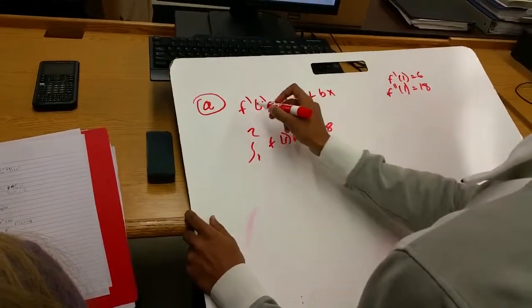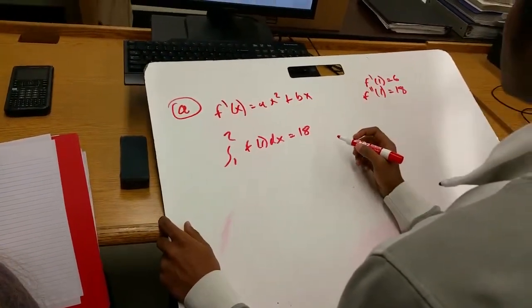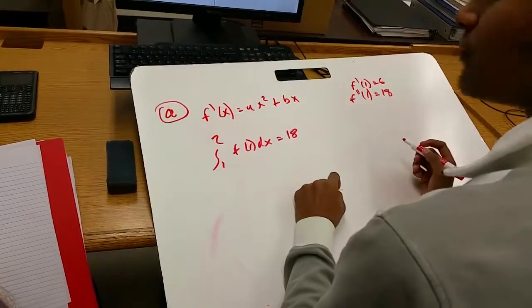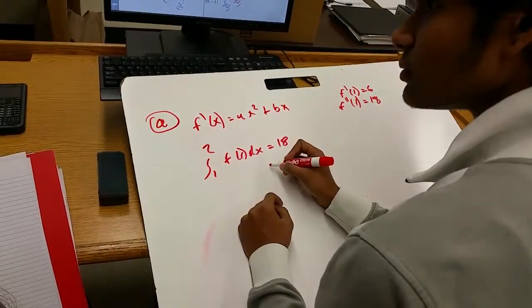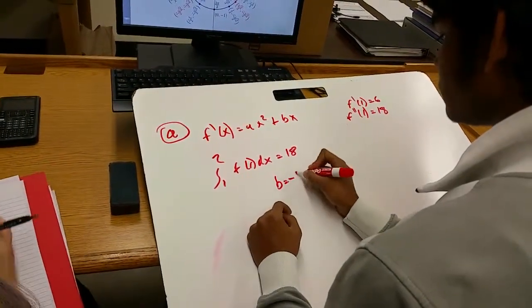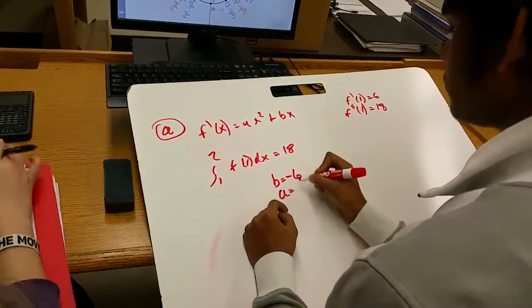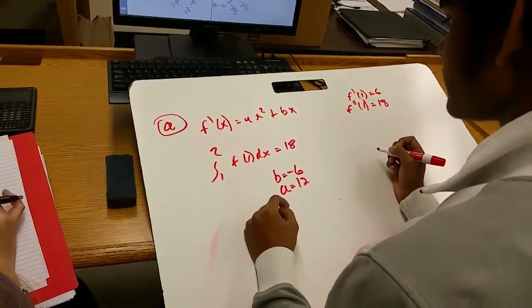Yeah. So you got to plug in, and then you find it. B is equal to 8 over 6. Those are the two values, all you need right now.